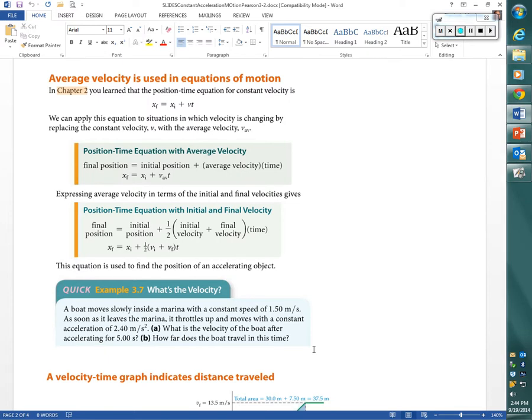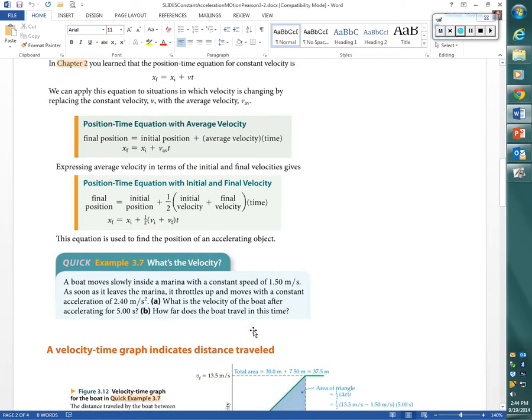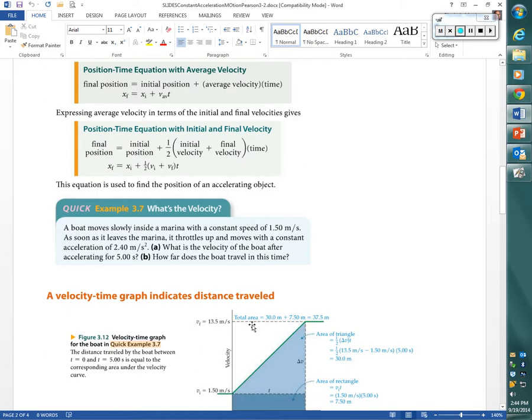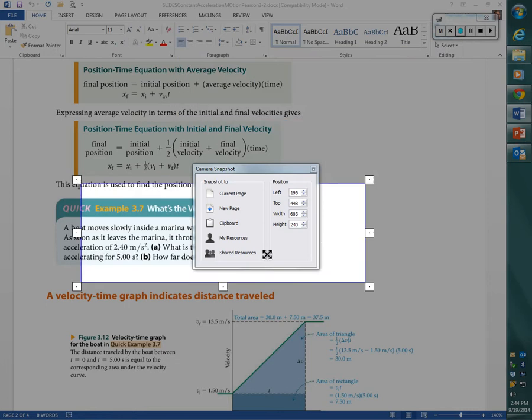So let's take a look here at quick example 3.7. All right. Quick example 3.7 looks something like this. It actually looks exactly like this.